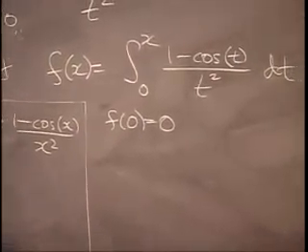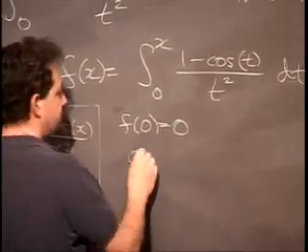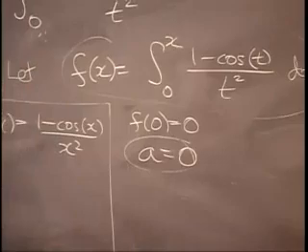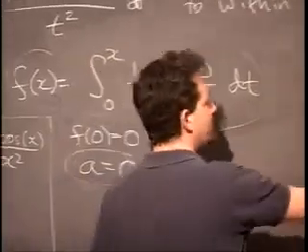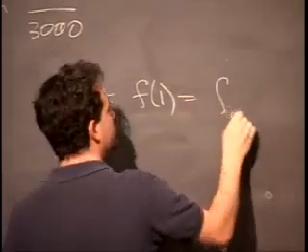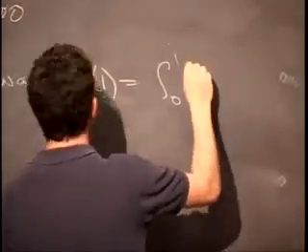So we're going to pick a equals 0, we'll let f of x be this, and we want f of 1, because f of 1 is the integral we're looking for.